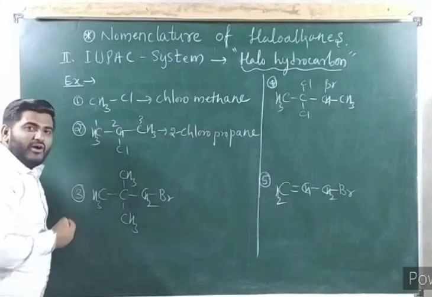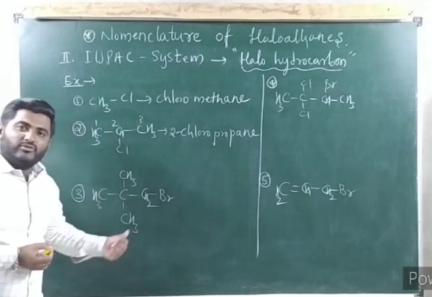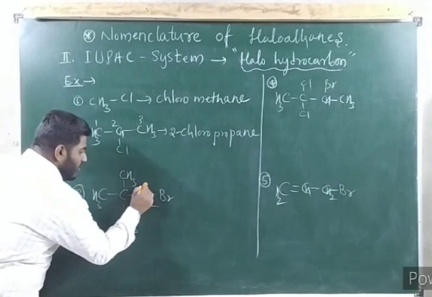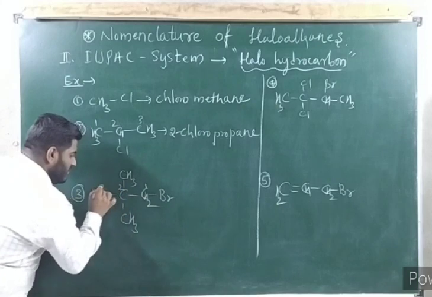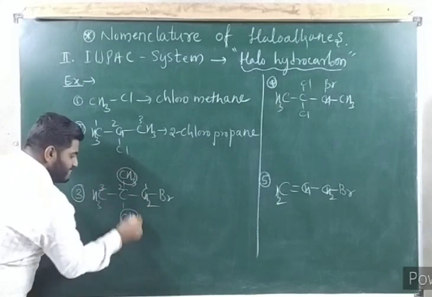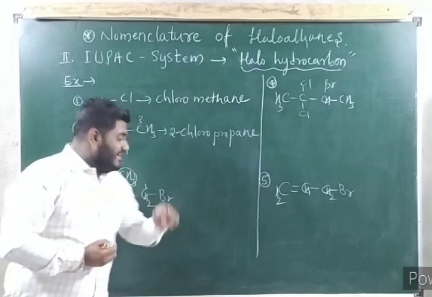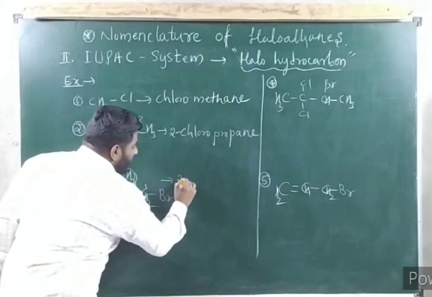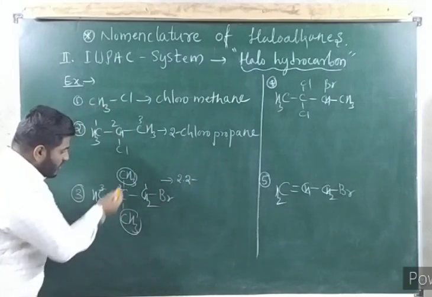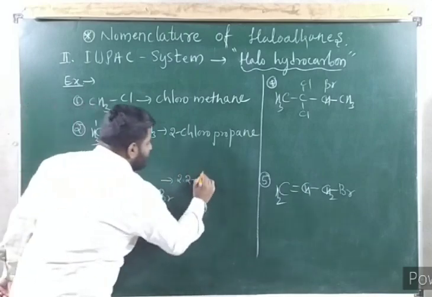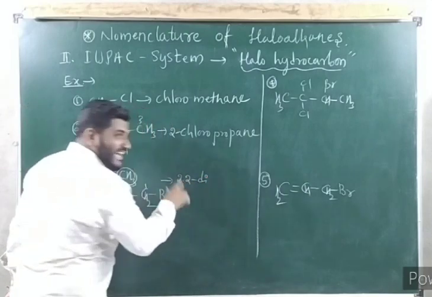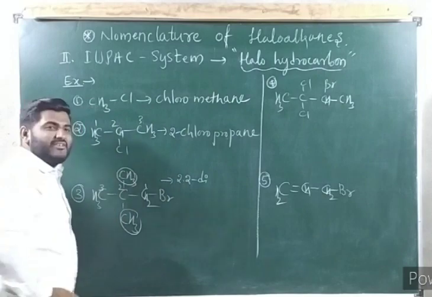What about this case? Now we have to number again. Because we have to select the longest carbon chain. So it is the longest carbon chain. 1, 2, 3. Second position, what is there? Second position, 2 methyl substituents are there. So what is the name now? 2,2 dimethyl. First position bromo is there.